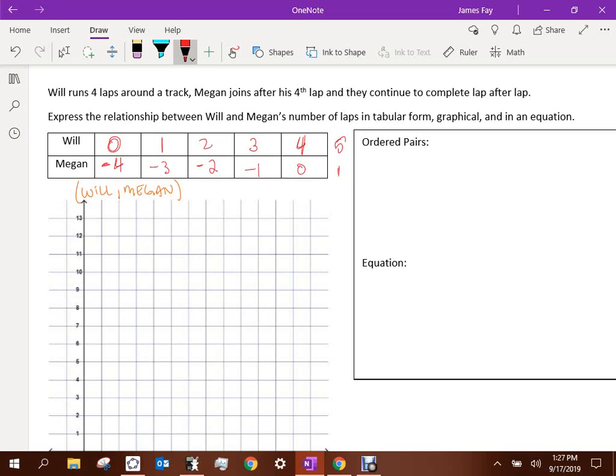Okay? Now I'm going to go with the original list that we had there, where we're starting with 4, going to 5, 6, 7, 8 for him. So now the ordered pairs, do you guys agree they'd be 4, 0, 5, 1, 6, 2, 7, 3, and 8, 4?